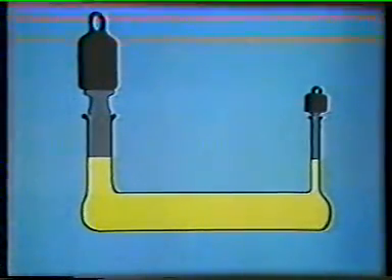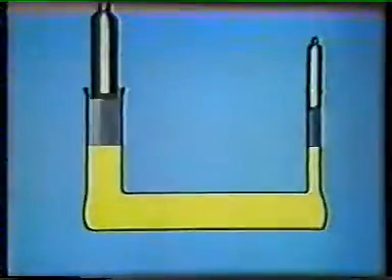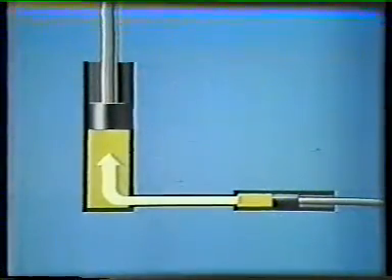To make practical use of this apparatus, specific mechanical adjustments have to be made. The fluid which is displaced to move the larger piston must be retained. And to do this, a non-return valve is introduced between the two cylinders.